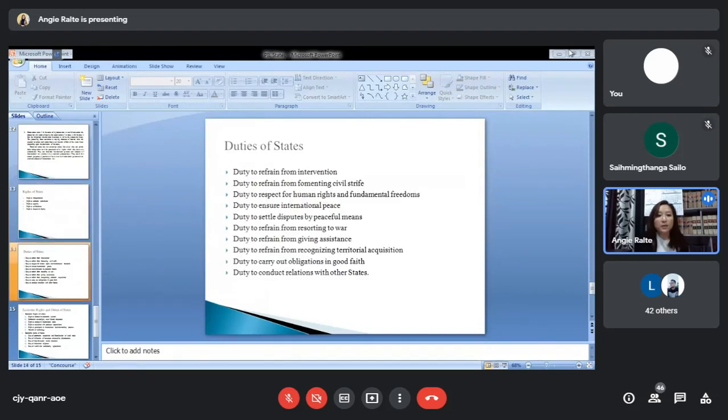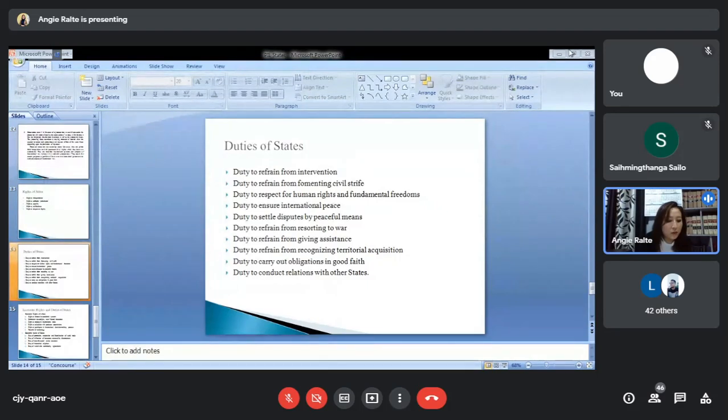And more rights and duties: the duty to refrain from intervention. The state has a duty to refrain from intervention in the external or internal matters, from disturbance of any external or internal affairs. They have the duty to refrain themselves.